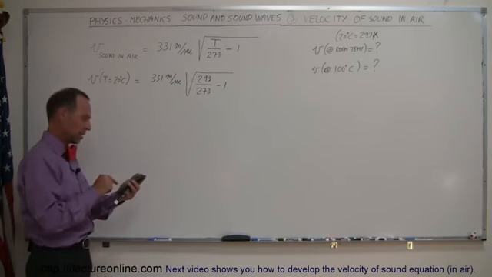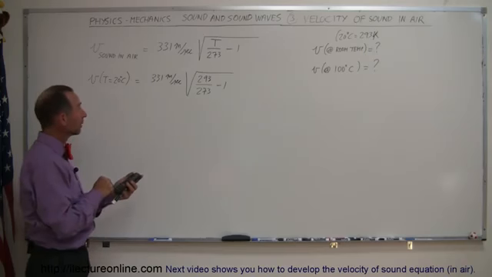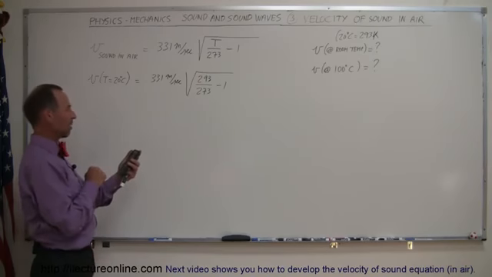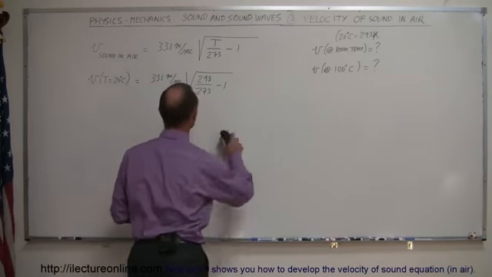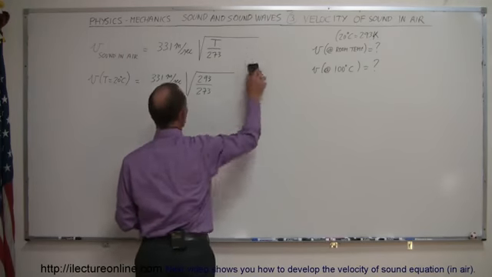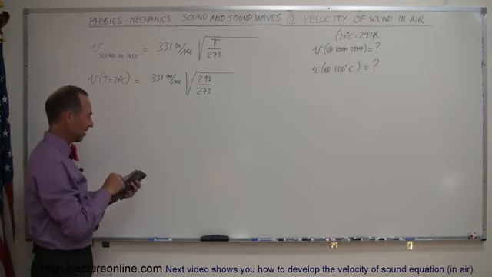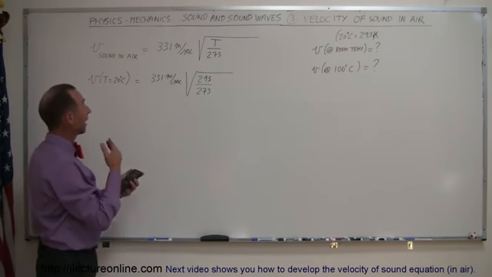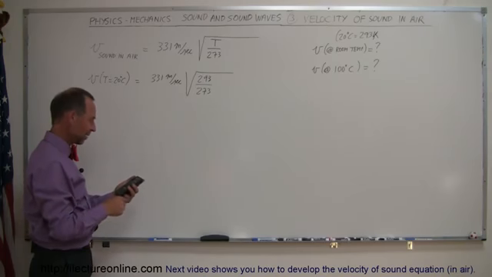So 293 divided by 273 equals. Oh, wait a minute. We don't need to subtract 1 from that. That's the proper equation. Sorry about that. Proper equation is this. And then we take the square root of that. And then we multiply that times 331 equals, and we get 300.